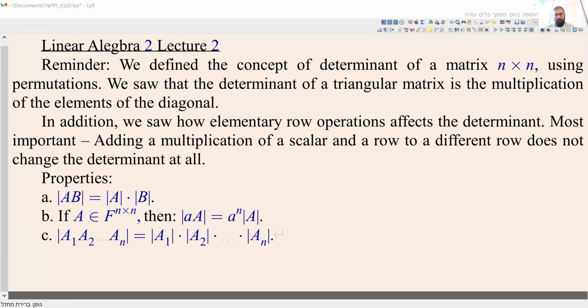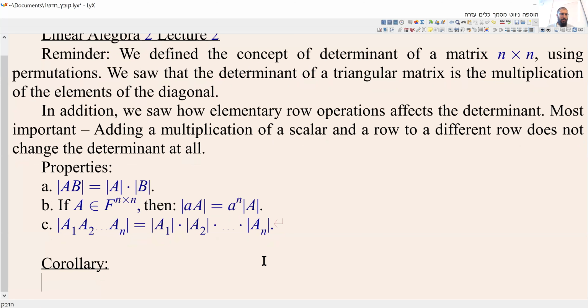Corollary. That's it. That's the right word when it comes to text in mathematics. So, write it down. Corollary. The R and L.